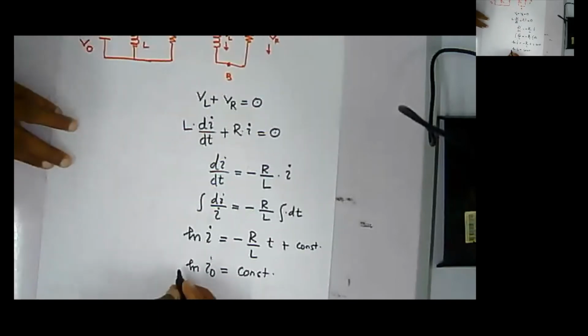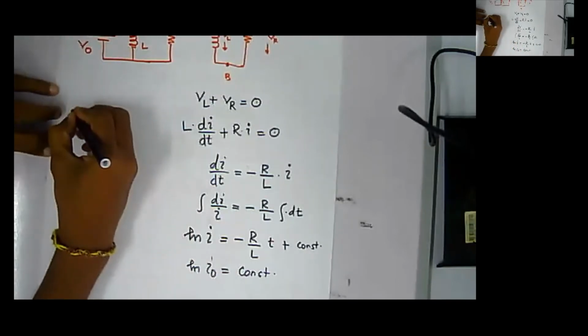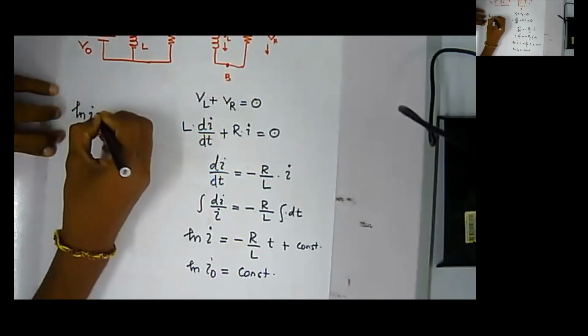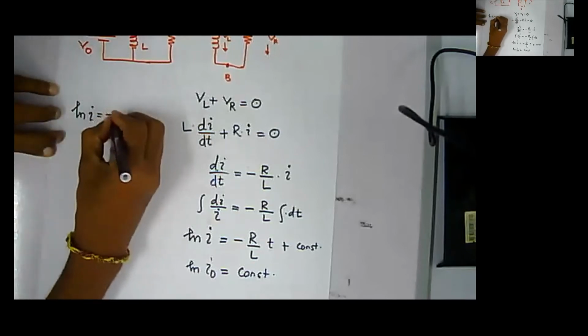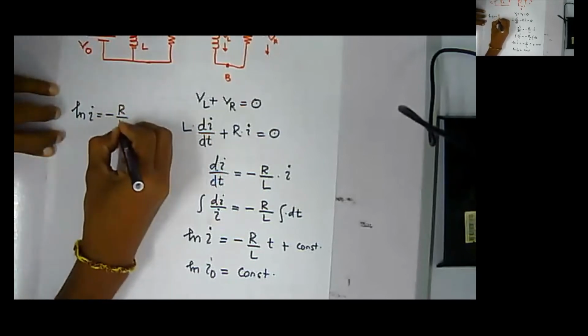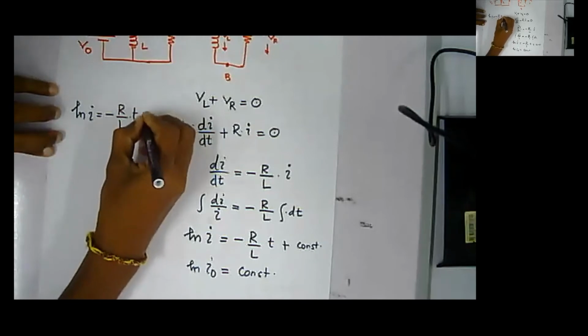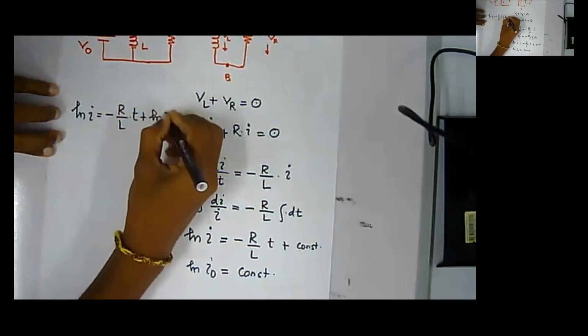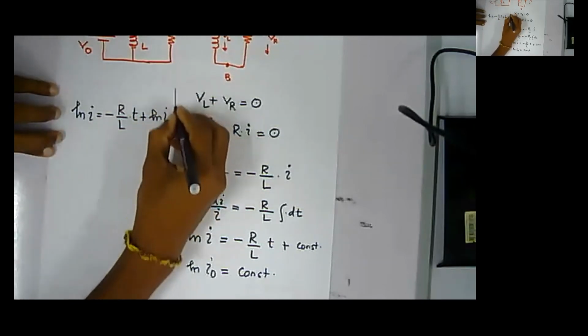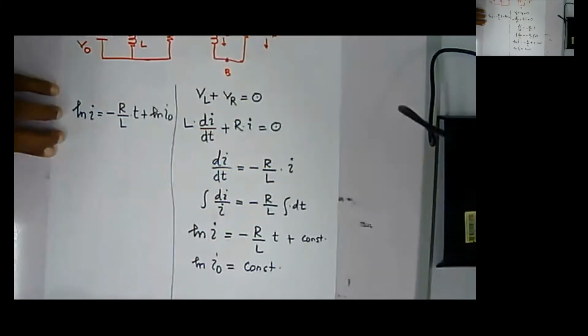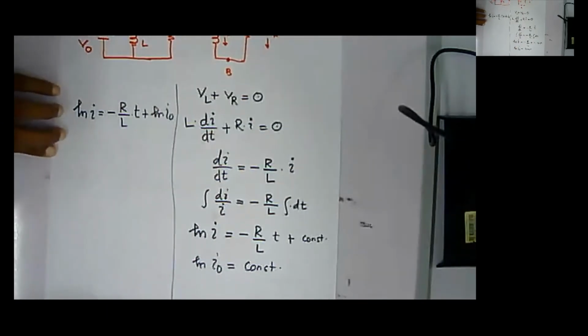So I can rewrite this as ln I equals minus R over L into t plus ln I naught.